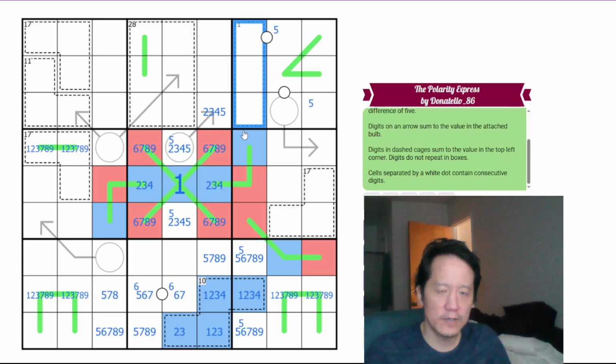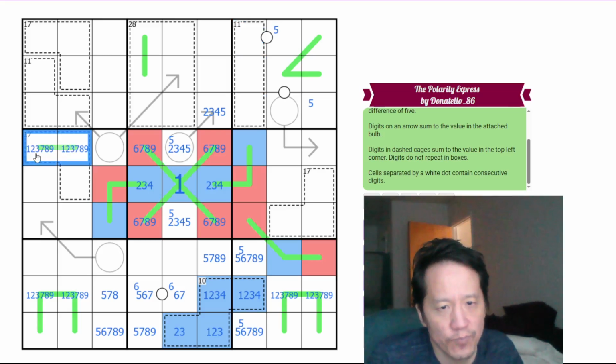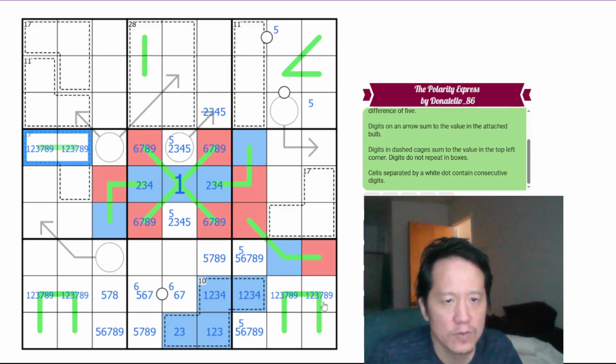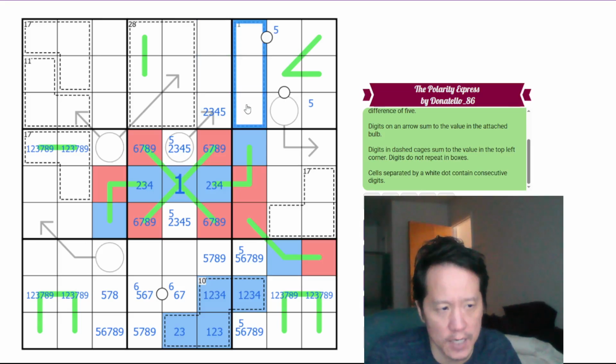We have 1 low and 1 high here. Let's see, what else do we have? We need one low here to add up to 17. This is two lows and a high.